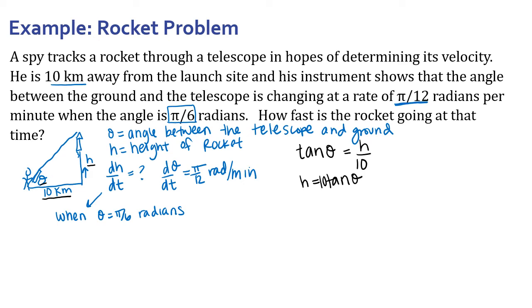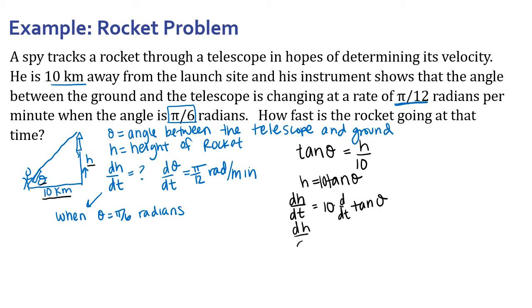So now that I have this, now I can find the derivative. I found a formula that relates those two variables. Now we'll take the derivative. So the derivative of h with respect to time is 10 times the derivative of the tangent of theta.